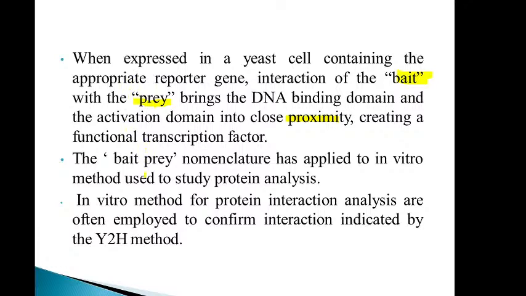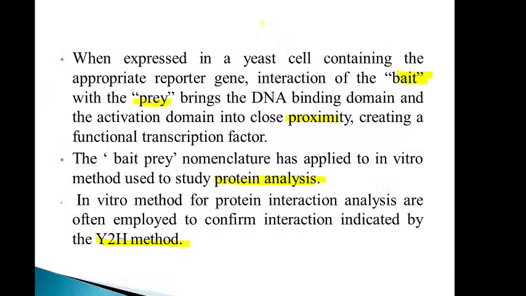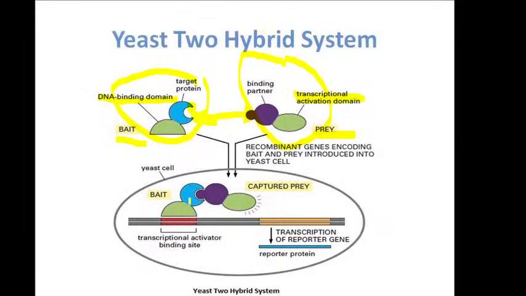The bait-prey nomenclature has been applied to in vitro methods used to study proteins. In vitro methods for protein interaction analysis are often employed to confirm interactions indicated by this Y2H method, which is the yeast two-hybrid system for protein-protein interaction.